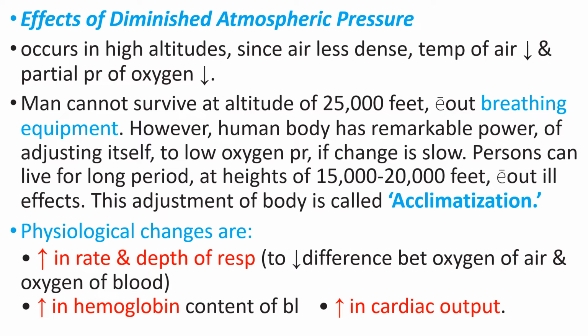However, the human body has a remarkable power of adjusting itself to low oxygen pressure if the change is slow. Persons can live for long periods at heights of 15,000 to 20,000 feet without ill effects, but this adjustment of the body is called acclimatization.